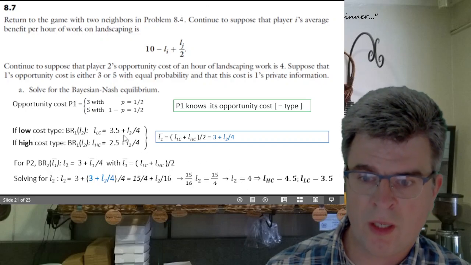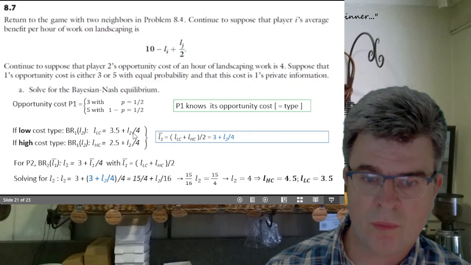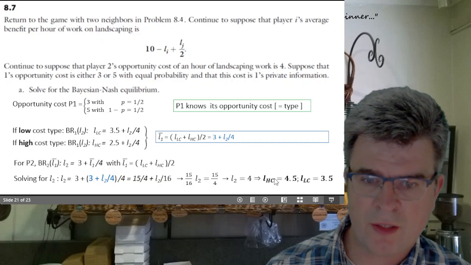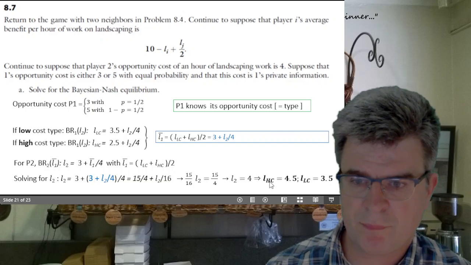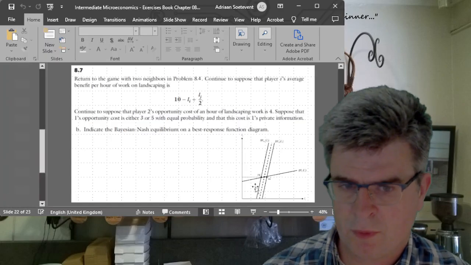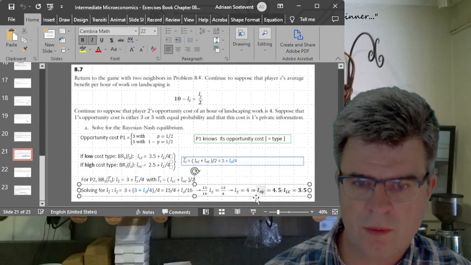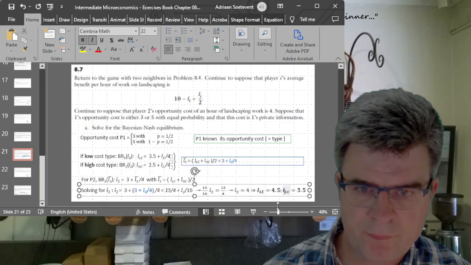So if he's of the low cost type, he will spend an effort level of 4 divided by 4 is 3.5 plus 1 is 4.5, and so this is a mistake over here. Well, let me repair it again on the fly.